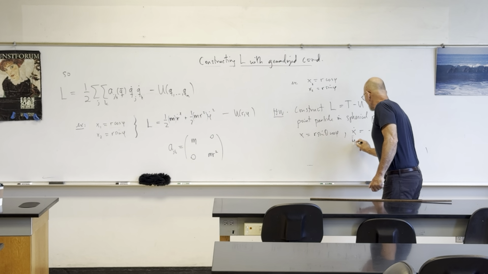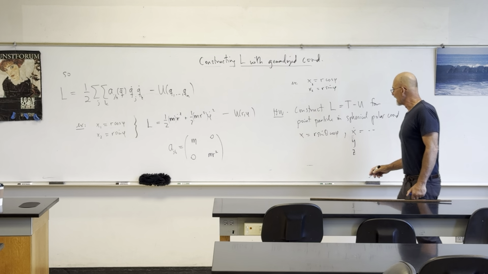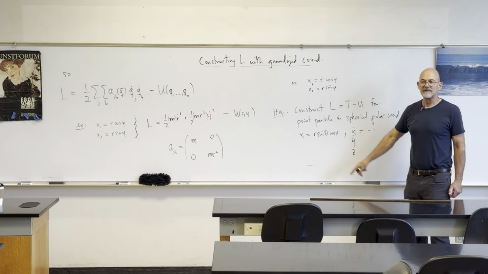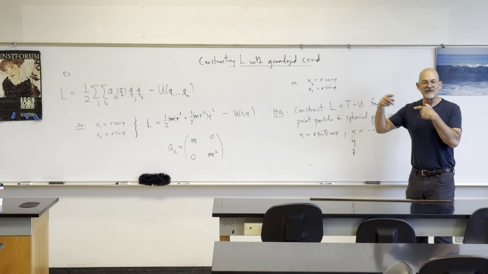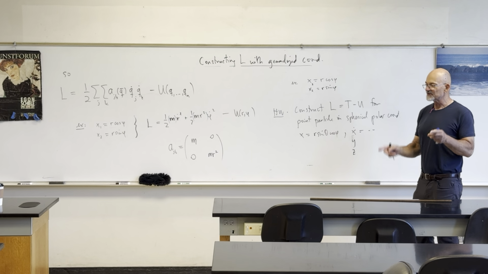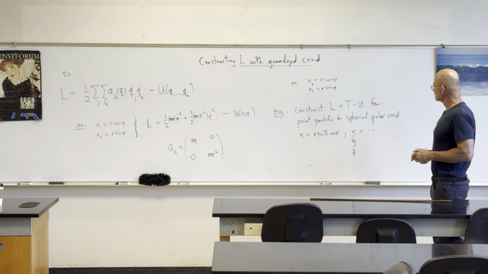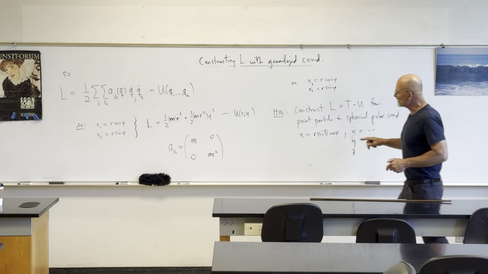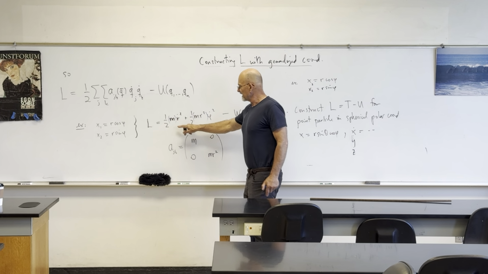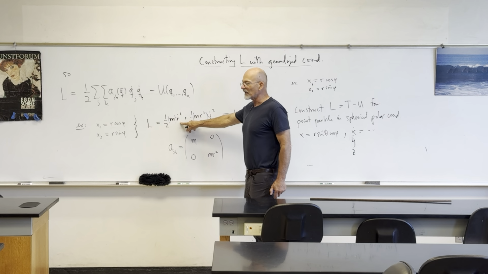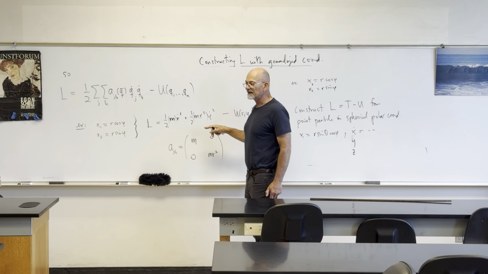Then you have to do x dot, y dot, and z dot, and remember, you've got all that chain rule going on. You square them and sum them, and you get a bunch of sine squared plus cosine squared equals 1 terms. Eventually you get a Lagrangian. It'll start with half m r dot squared, and you'll have two more.